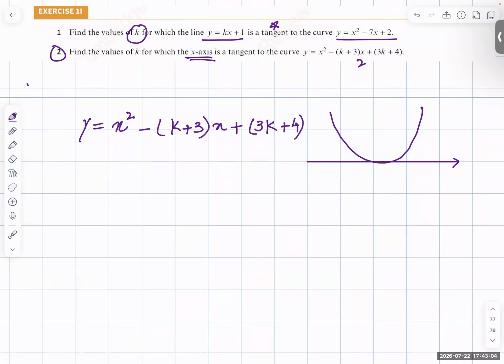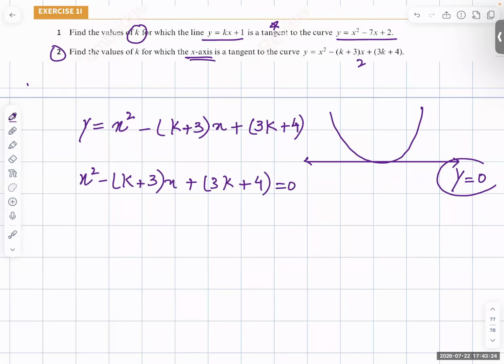If you say x-axis is tangent, then y must be equal to 0. So you put it 0, x square minus k plus 3 x plus 3k plus 4 equal to 0. See, one line is this curve and the straight line is y equals to 0.